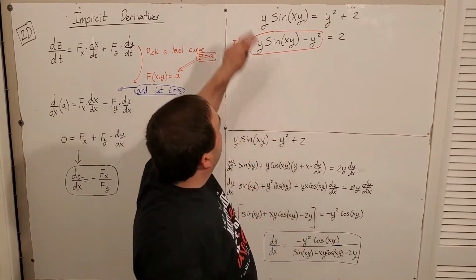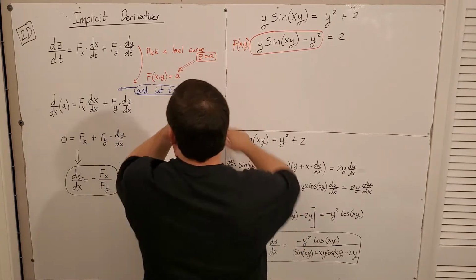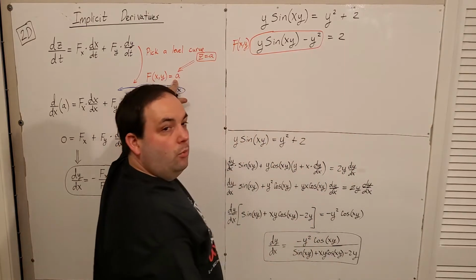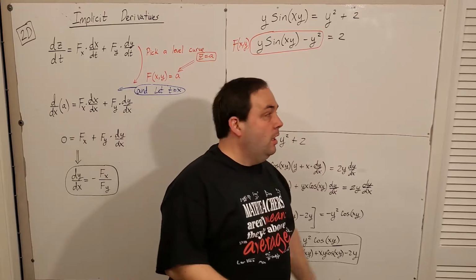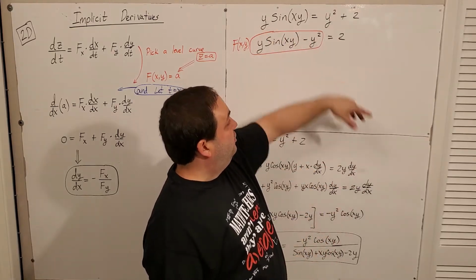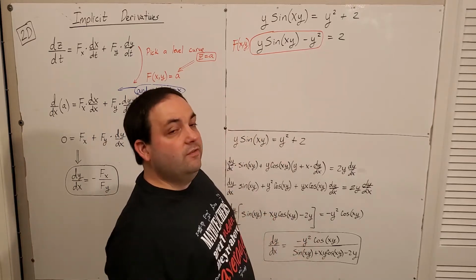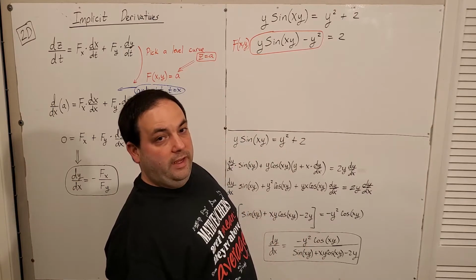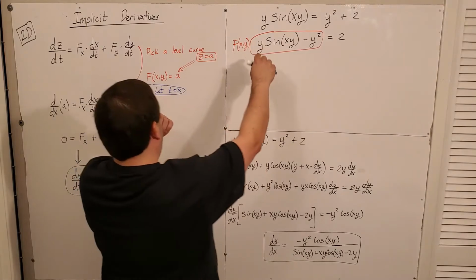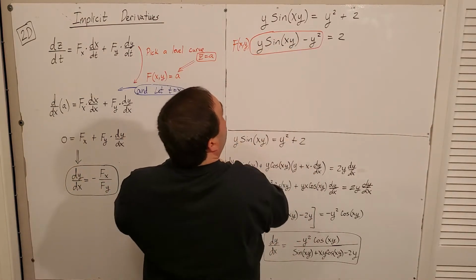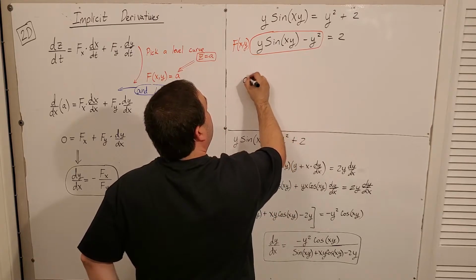Okay? So then this piece right here, f of xy is equal to some number. And again, it doesn't matter what number it is. Typically we pick 0, but in this case I didn't have to. The 2's just an extra number anyway, right? When I do the derivative, it's going to go to 0 no matter which way you take it. Okay, so here, now I can immediately on this guy get to dy dx.